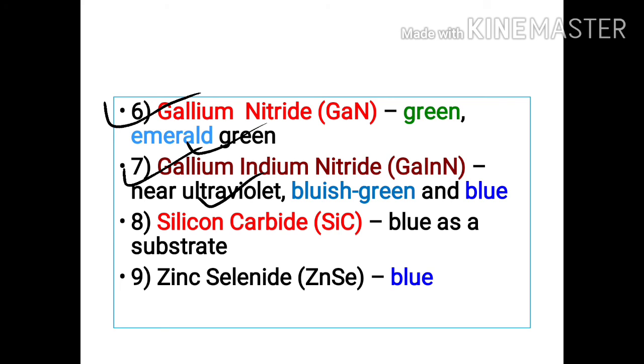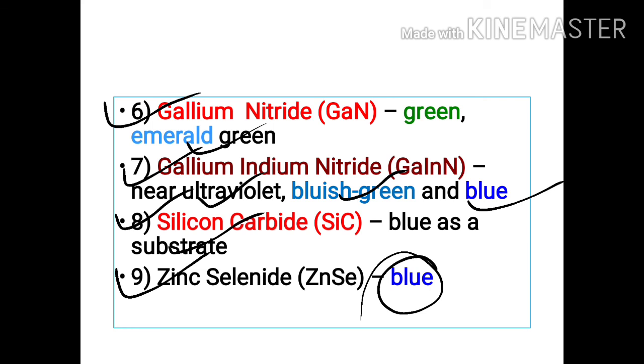Bluish green it can also produce, and blue color. The eighth one is silicon carbide, SiC, so it will basically produce blue as a substrate. And the ninth one is zinc selenide, that will produce blue color of light. So these are the various categories of LEDs based on the frequency, or we can say color, of the LED.